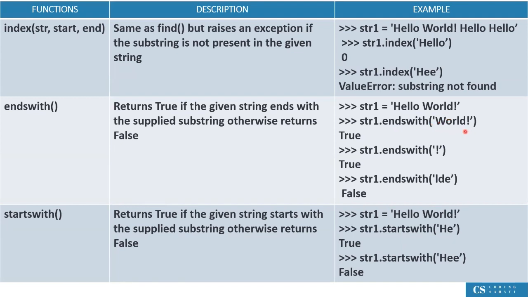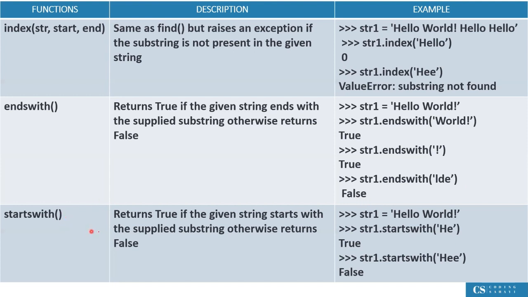Yes, it is satisfying, that's why it returns true. Same way, str1 dot endswith "!" is satisfied because the last character is an exclamation mark, so it returns true. Next, str1 dot endswith "lte": here it is ending with "ld!", so it returns false. So that is endswith.